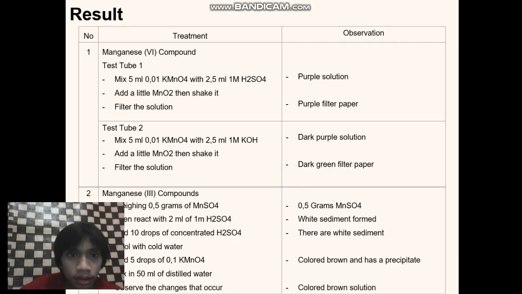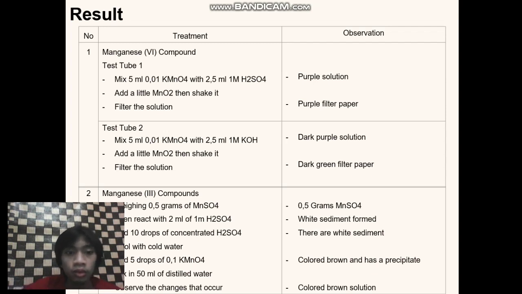Next, results. Treatment 1, manganese 6 compound. In test tube 1, mix 5 ml of 0.01 M KMnO4 with 2.5 ml of 1 M sulfuric acid. The observation: purple solution. Add a little manganese dioxide, then shake it and filter the solution. Observation: purple filter paper.